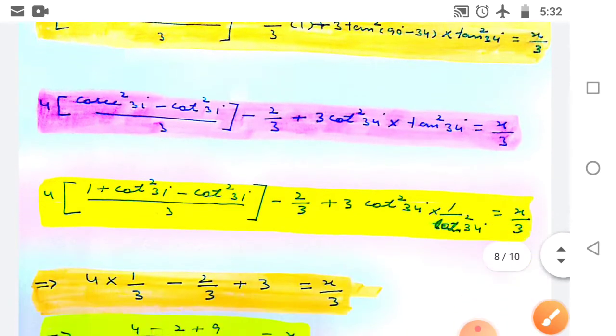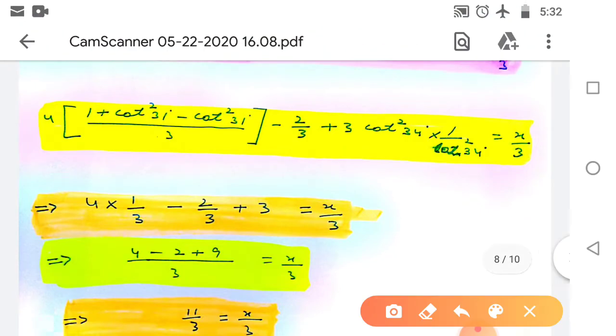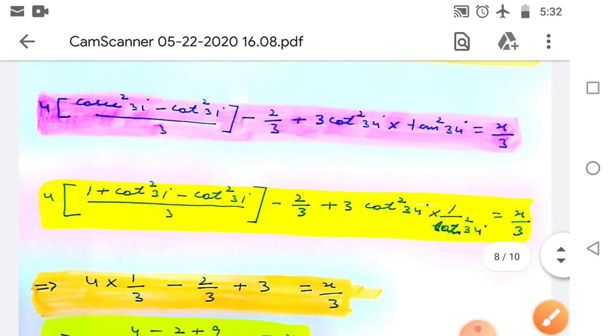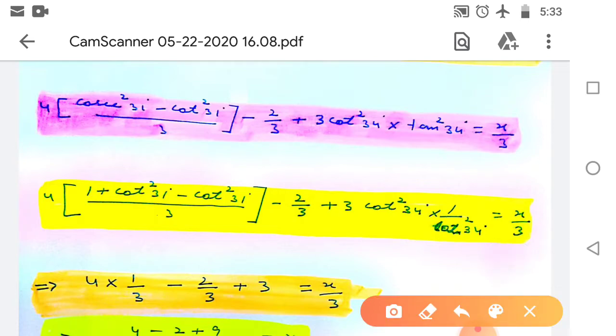Clear? Now what we have to do is, 4 is common already. So 1 plus cot square 31, here you have to use the identity. Look here, cosec square 31, so we write it as 1 plus cot square 31, since cosec square theta is equal to 1 plus cot square theta.